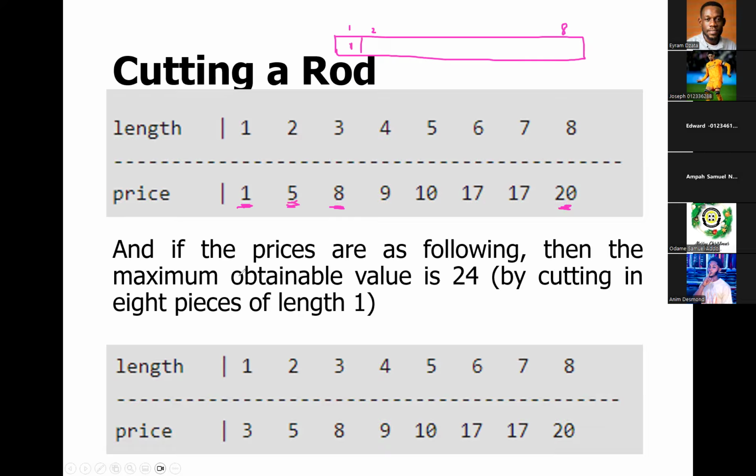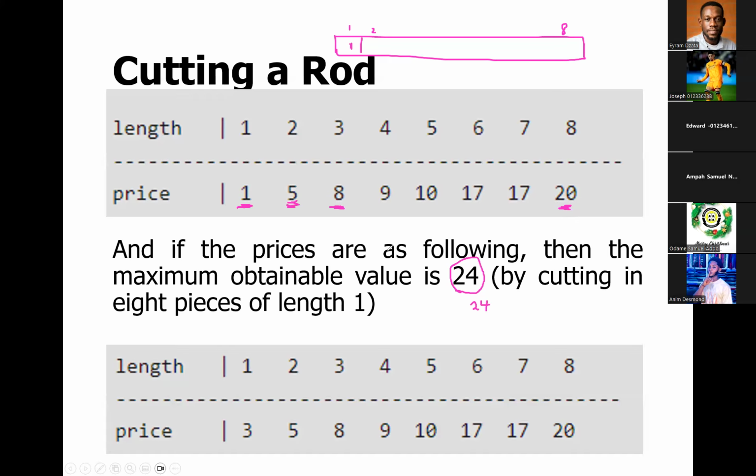Now the problem is saying that you want to get a maximum price, 24 Ghana cedis.